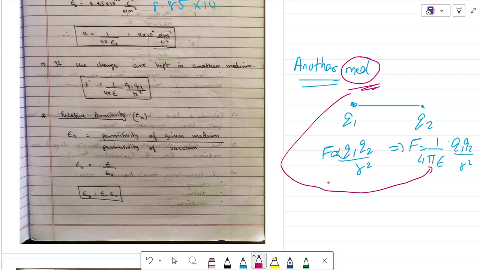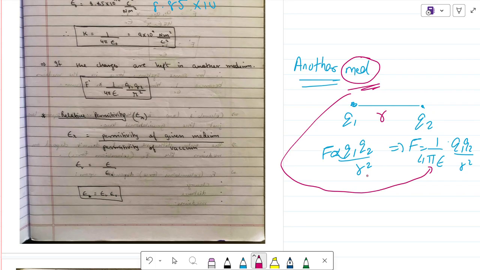ऑब्वियसली हर मीडियम की परमिटिविटी अलग अलग होती है, और जो लर्न करने की जरूरत नहीं होती वो इनडायरेक्टली या डायरेक्टली क्वेश्चंस में मेंशन ही रहती है. बट द पॉइंट बीइंग, द मैग्नीट्यूड ऑफ द फोर्स चेंजेस इवन दो द चार्ज वैल्यू एंड द डिस्टेंस बिटवीन द चार्ज रिमेन सेम. That is the point to be observed.